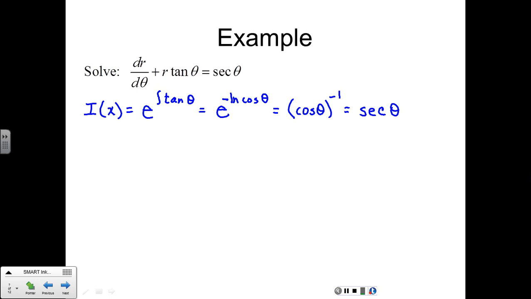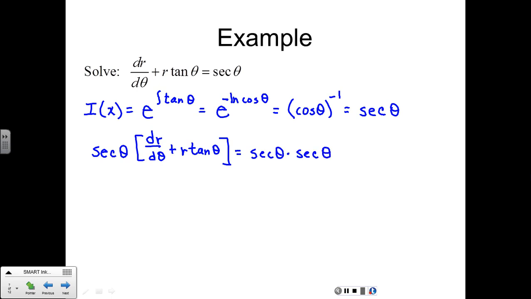Good. Okay. I'm asking y'all to remember a lot now, so who remembers what you do next? Multiply both sides by the integrating factor.